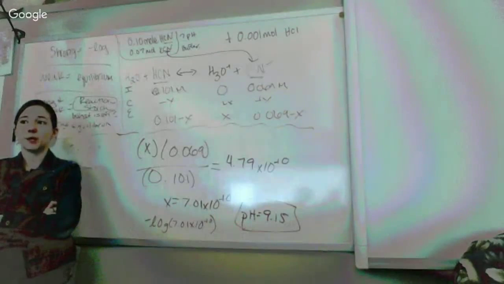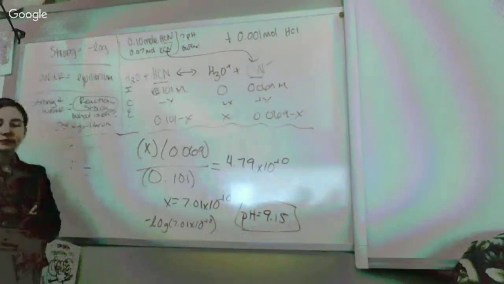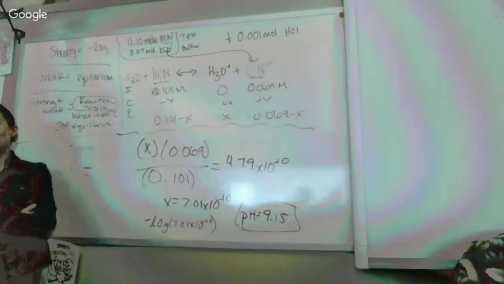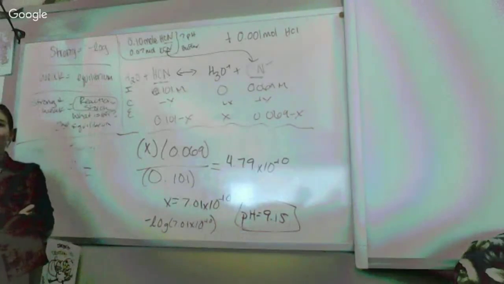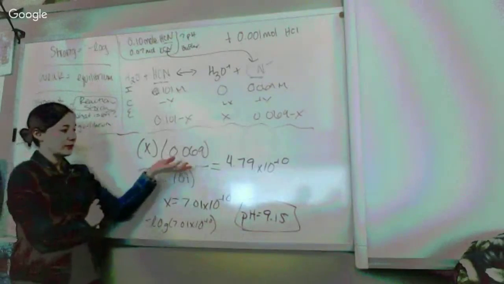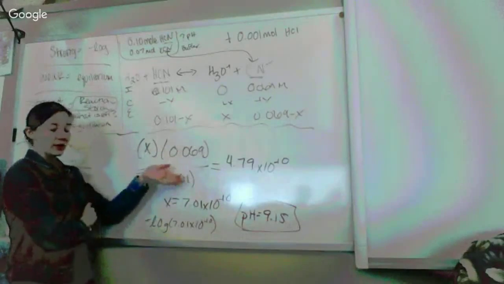Questions? Looks like you have a question. If you're paying attention to sig figs, would that affect the pH and it's 9.2? Yeah, this is a hard one because we stopped paying attention to sig figs long ago, so I didn't really know what to do with that. But let's say you have two significant figures, if we have it written the way this is.